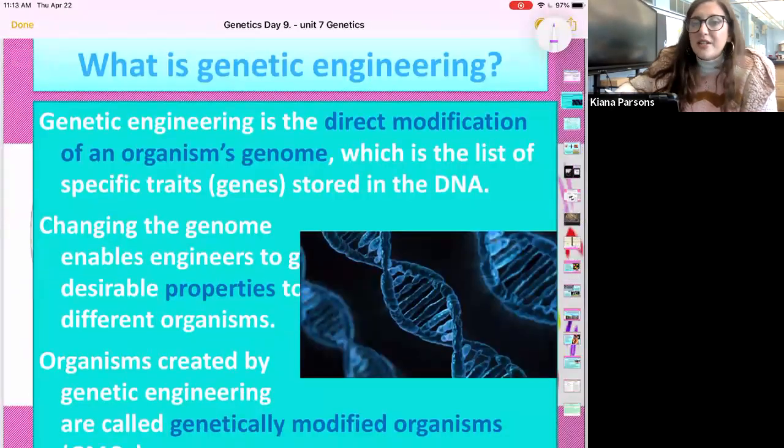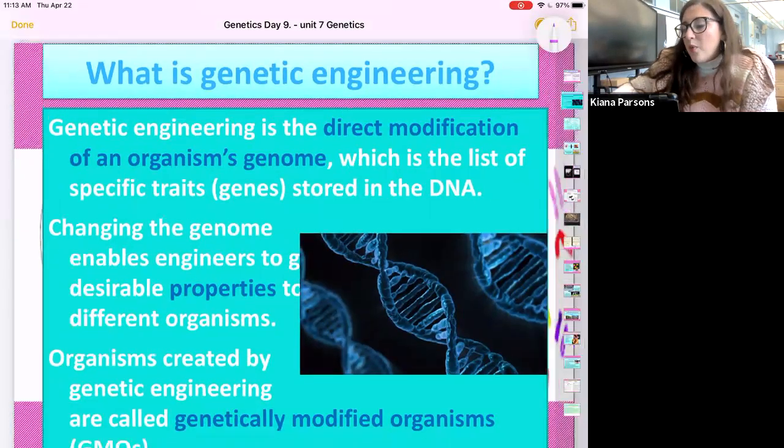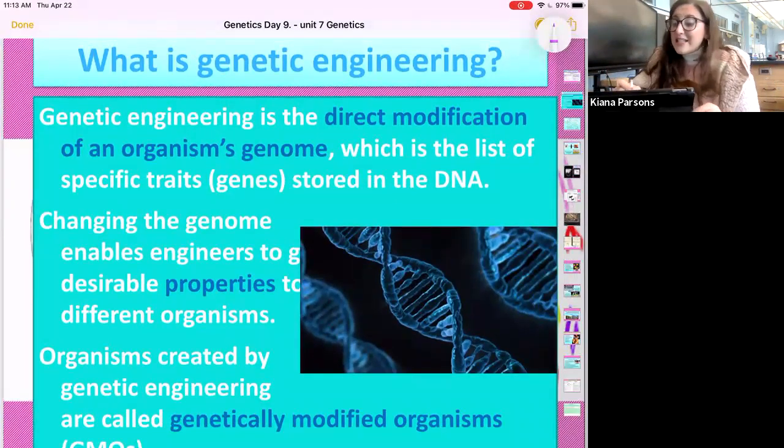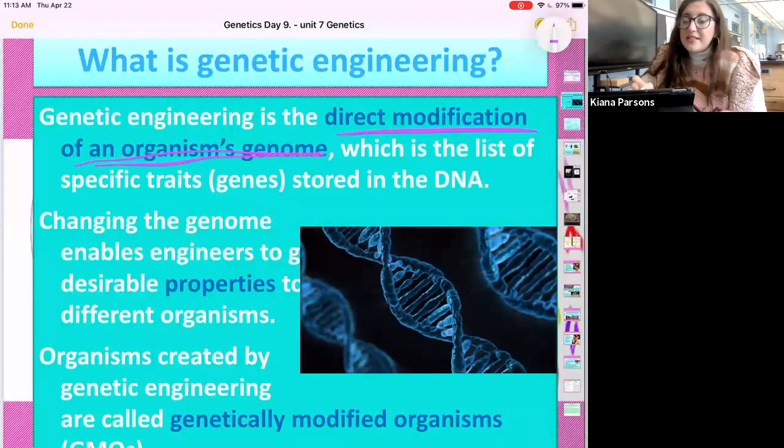All right, so then these are your notes under the first part. What is genetic engineering? Genetic engineering is the direct modification of an organism's genome. This is going beyond selective breeding. This is actually inside the DNA. The genome is the list of specific traits or genes that are stored in an organism's DNA.